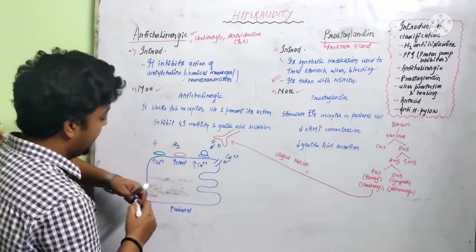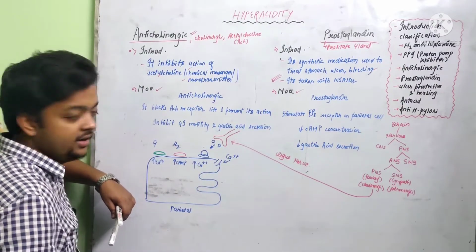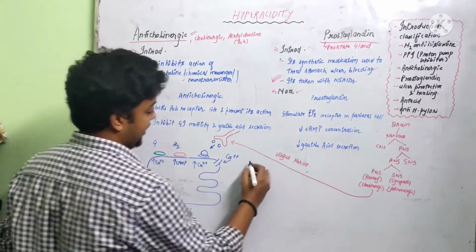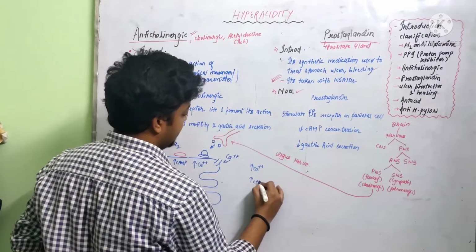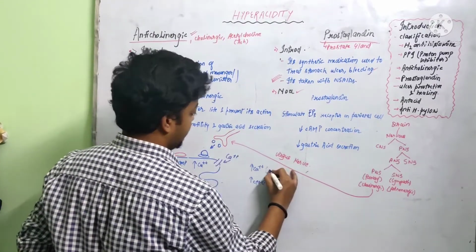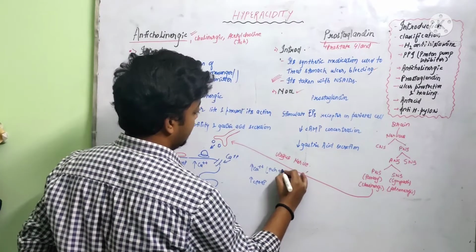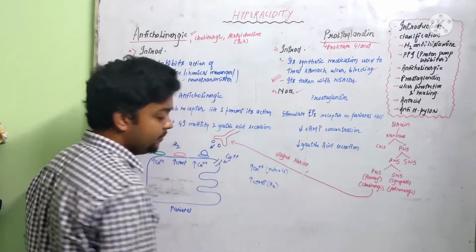So we have two types of secondary messengers which increase in the gastric parietal cells: one is the increase in calcium ions, and one is the increase in cAMP concentration. The calcium increase is caused by your acetylcholine receptors and the gastrin receptors. The cAMP increase is caused by the H2 antihistamines, right?